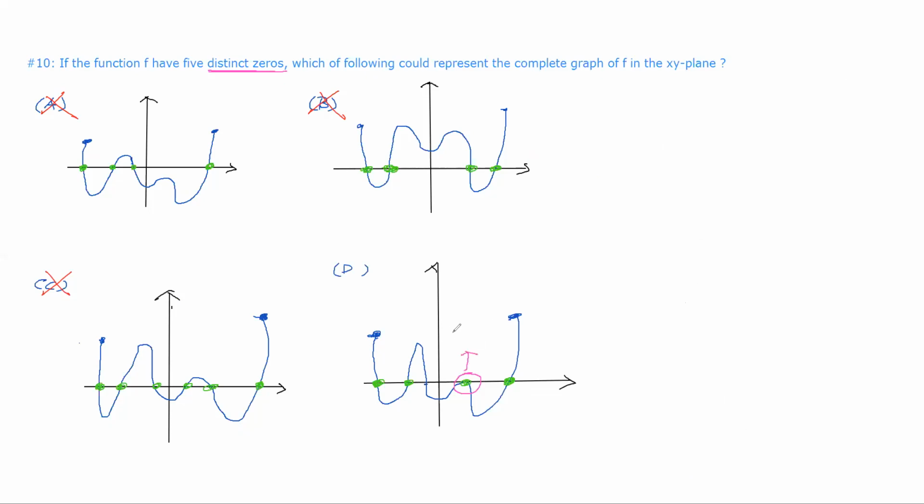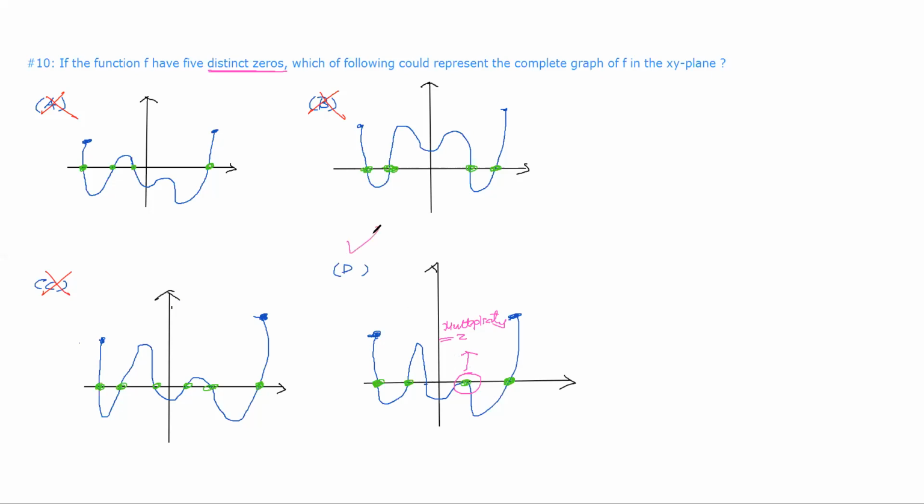This one could be a root with multiplicity equal to 2. That means this can have a factor of x squared, or x minus 2 squared, something like that. So this could be a double root, right? So now I count again, 1, 2, 3, 4, and 5, right?